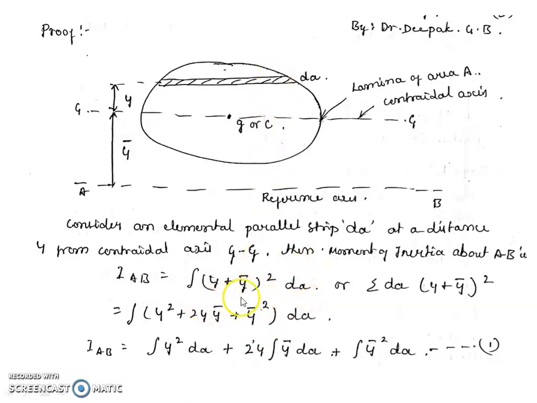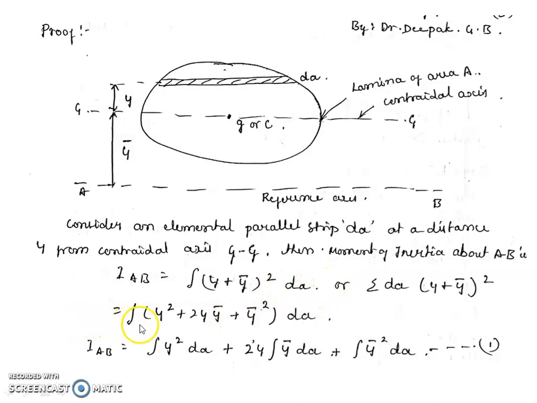The distance is y plus y bar, whole square. The reference axis is at a distance y bar from the centroidal axis, and this elementary strip is at a distance y from the centroidal axis. Total it becomes y plus y bar, squared.